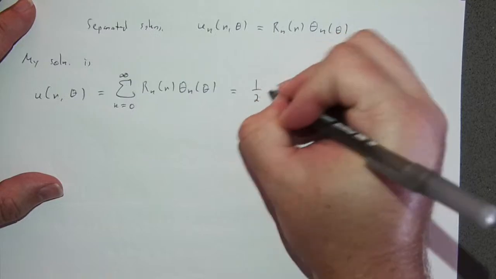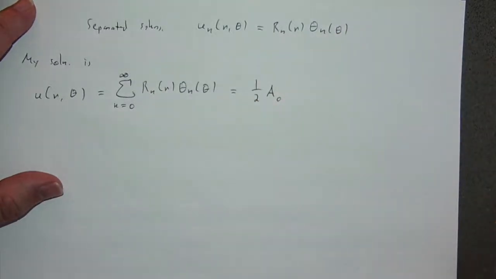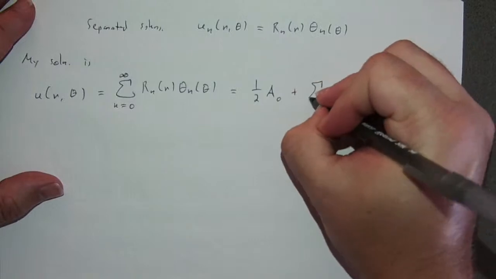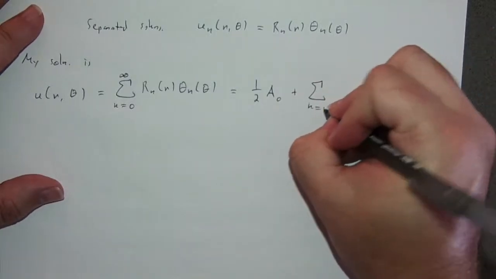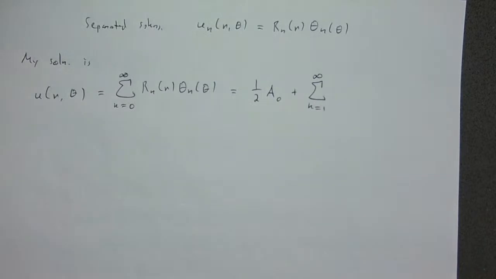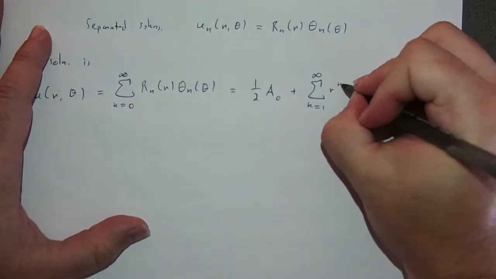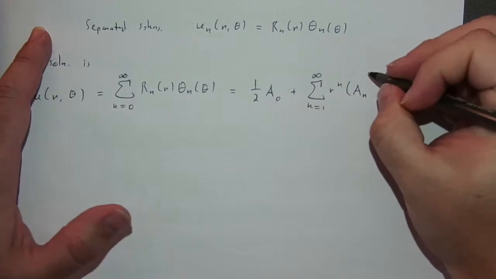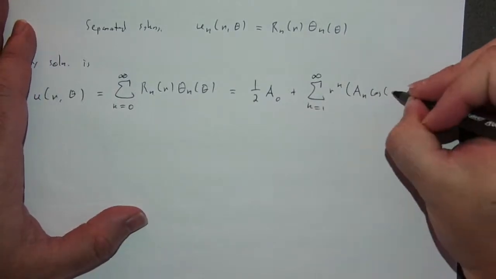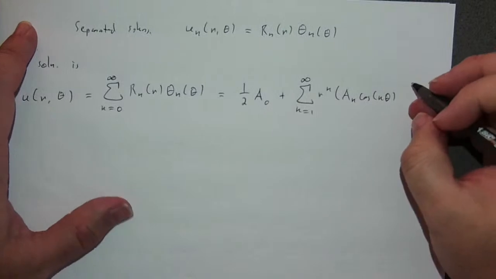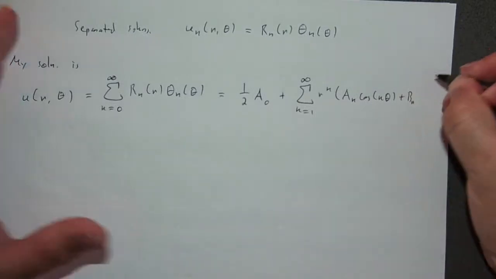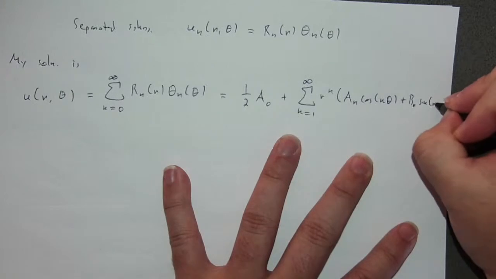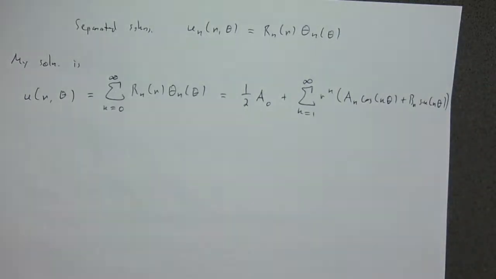So this is going to be 1/2 a naught for the same reason as always, plus the sum from n equals 1 to infinity of r to the n times a sub n cosine of n theta plus b sub n sine of n theta.